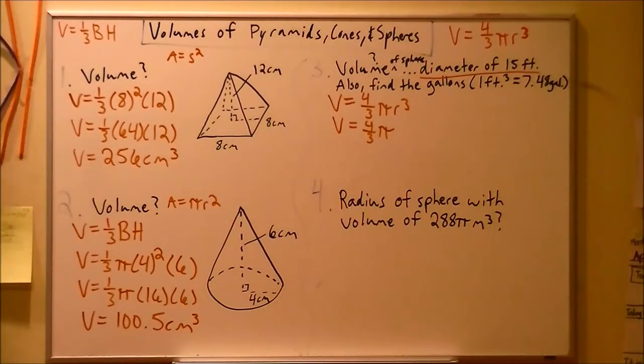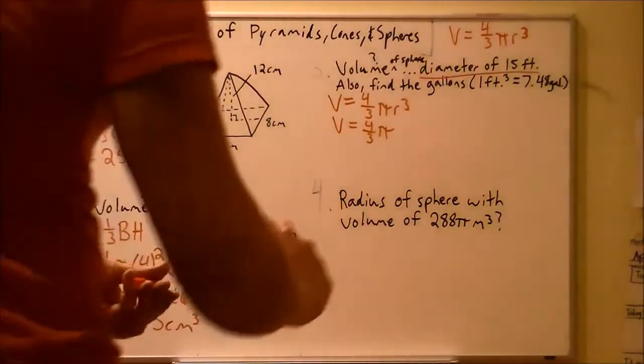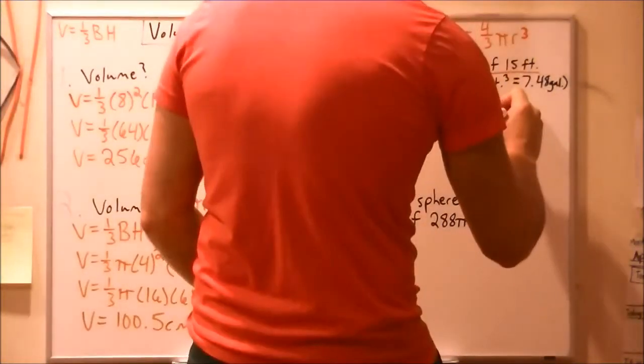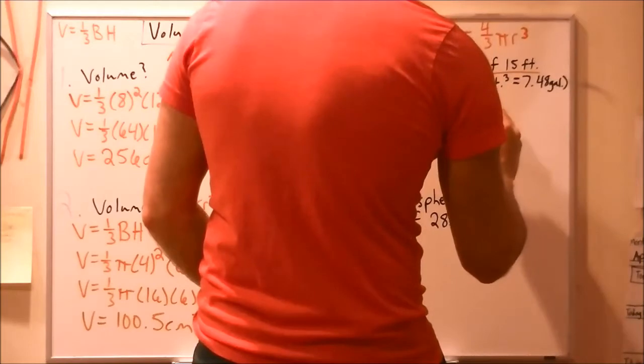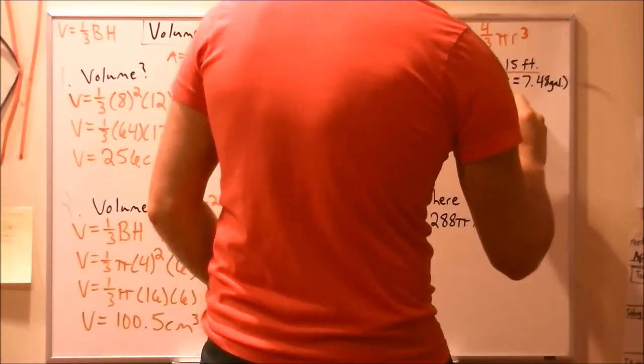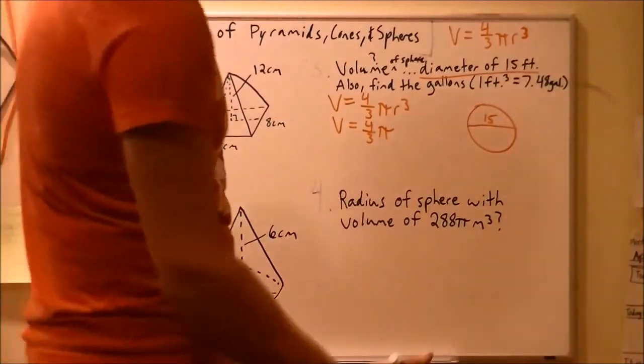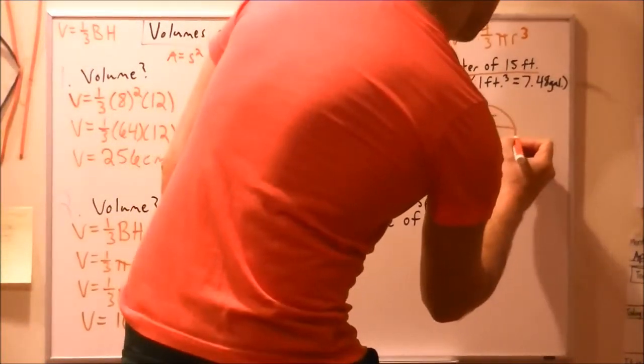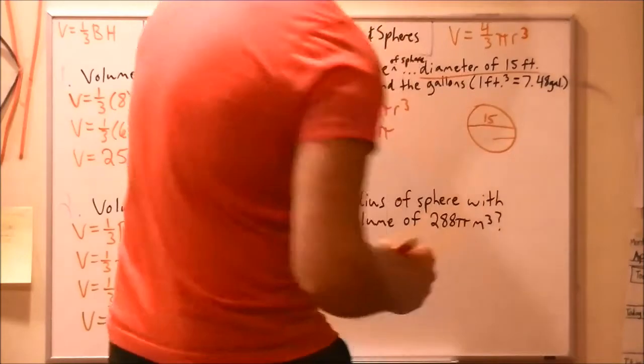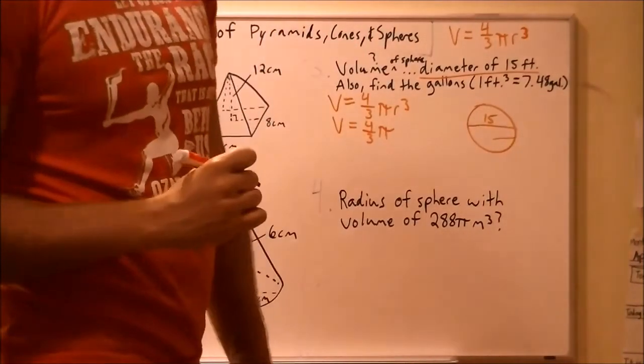The diameter is the full length all the way across the circle. But all I want is what's halfway across the circle.